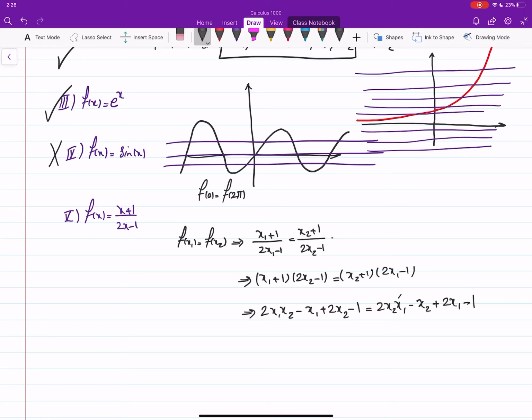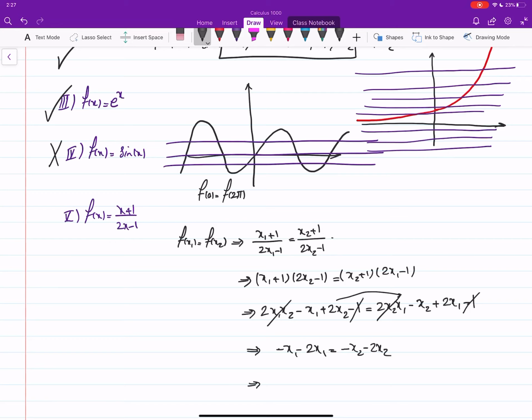You see, this cancels with that, and that cancels with that. Now we bring all the x1s to one side, so it will be minus x1 minus 2x1 equals, taking all the x2s to the other side, minus x2 minus 2x2.